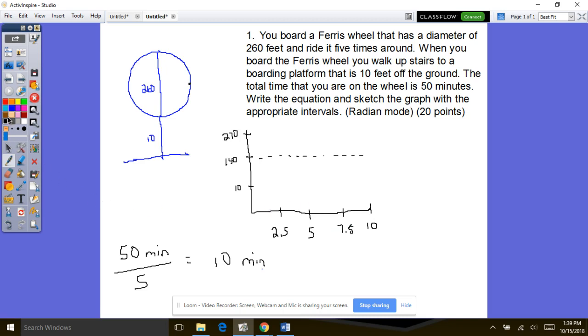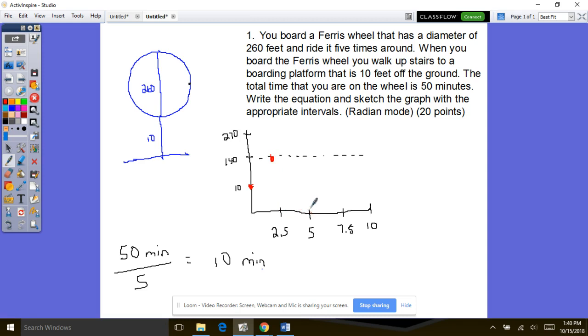Now let's sketch the graph. We're almost there. Notice you get on the Ferris wheel at the bottom. No one gets on the Ferris wheel at the top, unless you've got a plane and you're crazy. So you're going to start here at the bottom at 10. So at 0 time, you're at 10 feet. At 2.5 minutes, you're a fourth of the way, so you're going to be here.